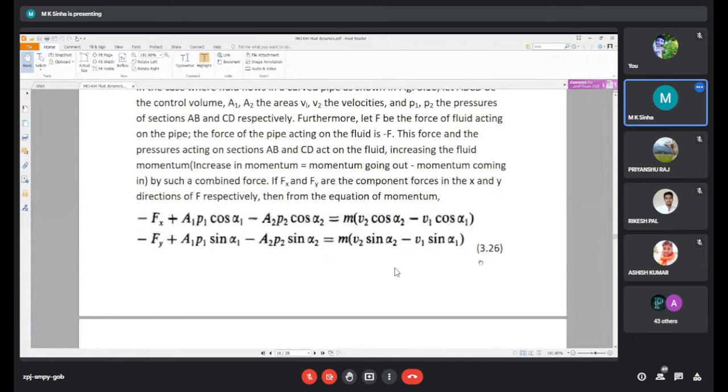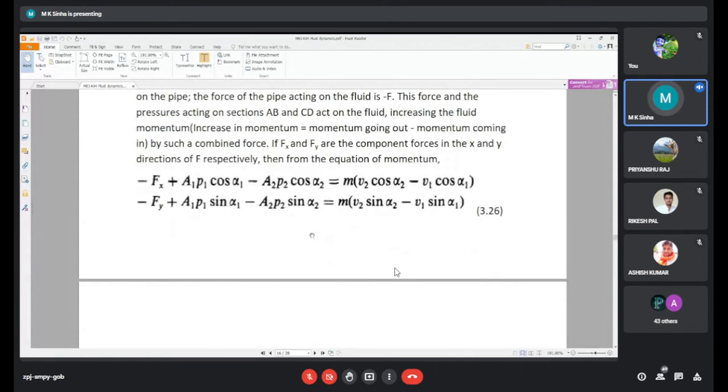So Fx is the component of the forces acting. Let us see, the forces on the left side and right side equal the momentum.